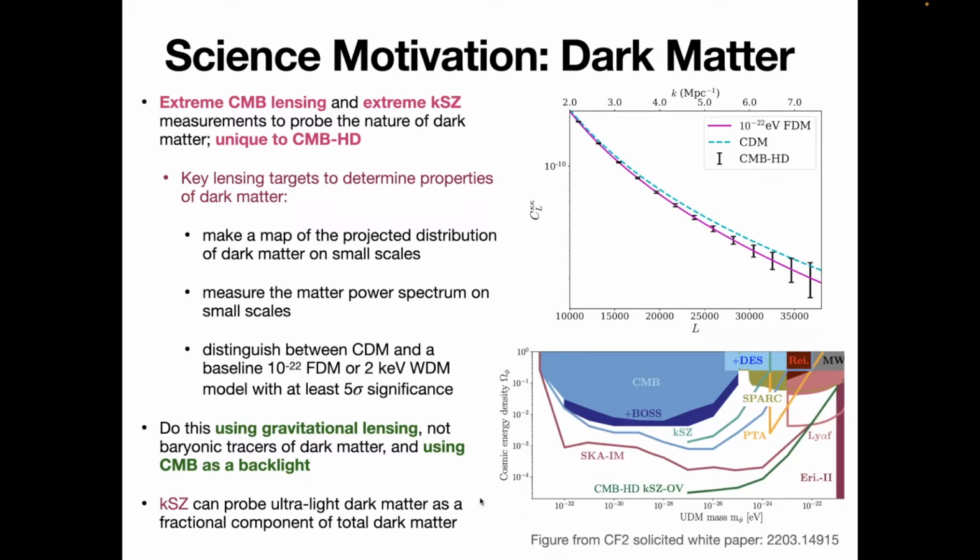More recently, there have been papers on probing the polarized kinetic SZ effect. So there are a lot of things you can do with high resolution kinetic SZ observations. And this science is all unique to CMB-HD because of its resolution, which is 6 times higher than any precursor CMB experiment. So it can't be done by anything, even CMB-S4.